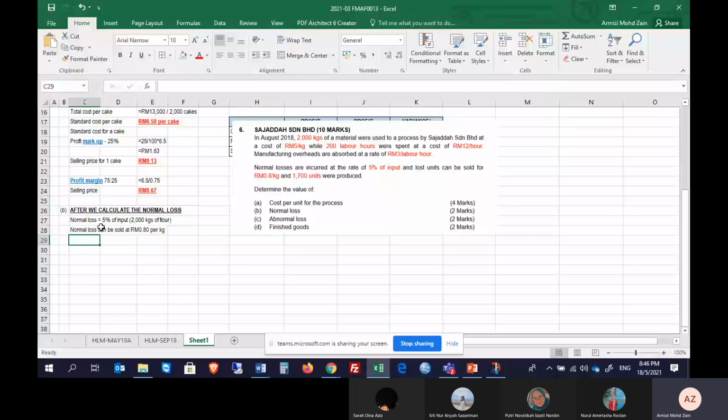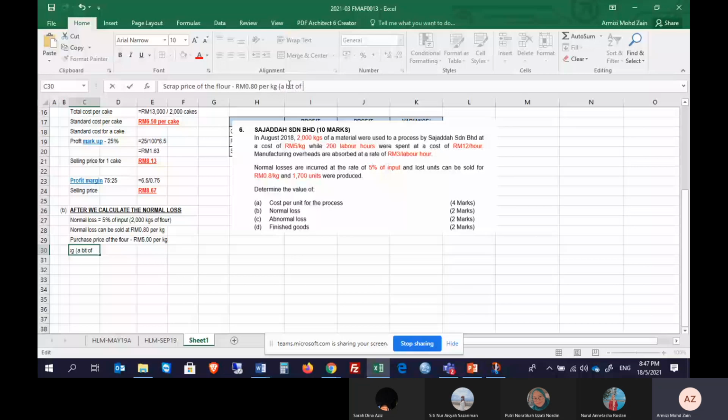Purchase price of the flour adalah RM 5 ringgit per kg. Okay. Scrap price of the flour. Maksudnya flour yang rosak 80 sen per kg. Itu boleh jual dengan harga 80 sen.